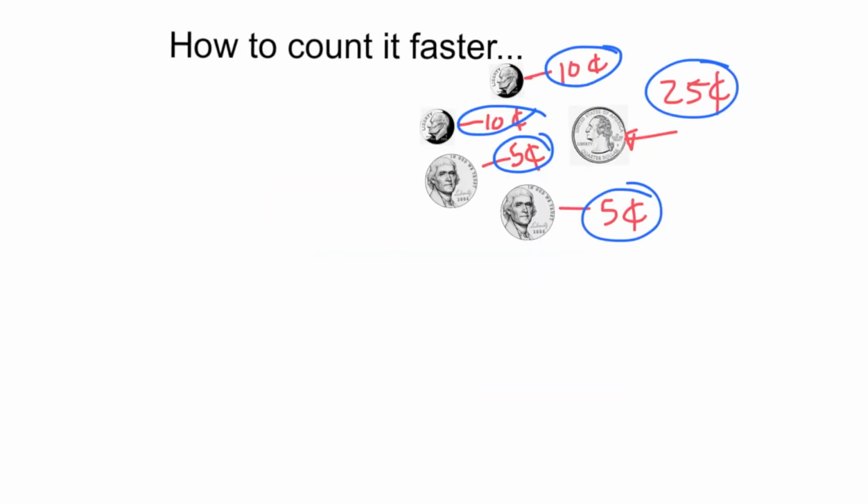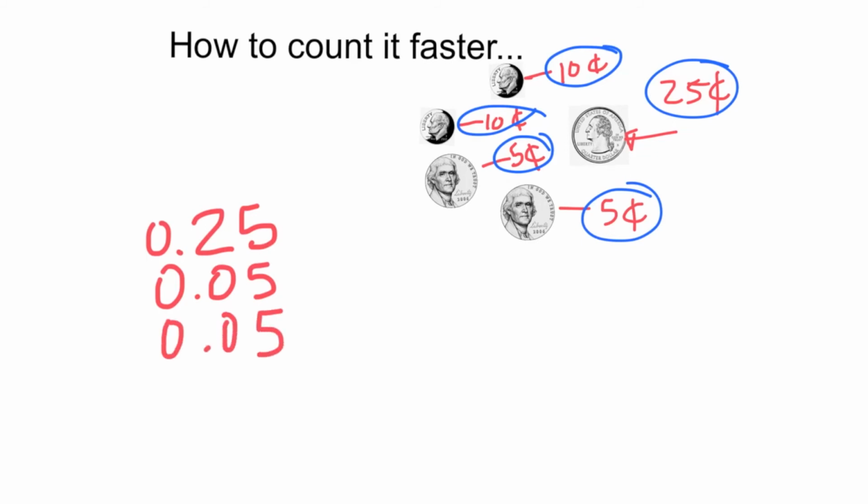Let me go over what I just did. I have 25 cents, so I write it as $0.25. Then I went to 5 cents, so I write it as $0.05. Then I went to the other nickel, so another $0.05. Then I went to the 10 cents, that's written $0.10.